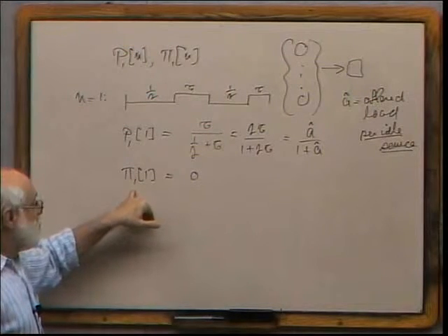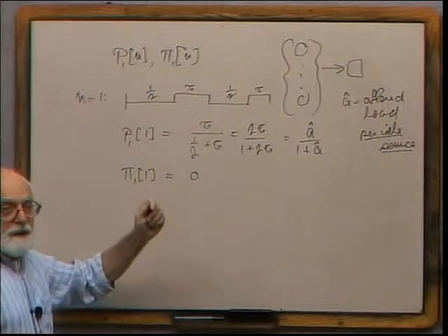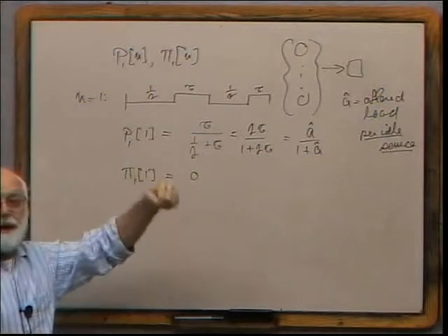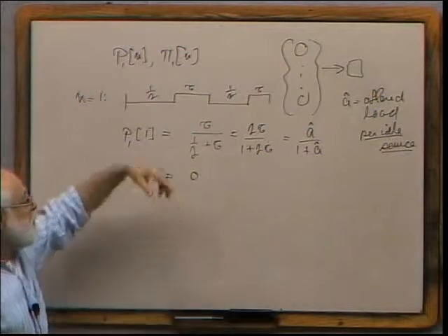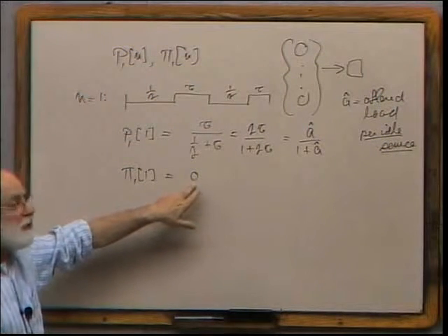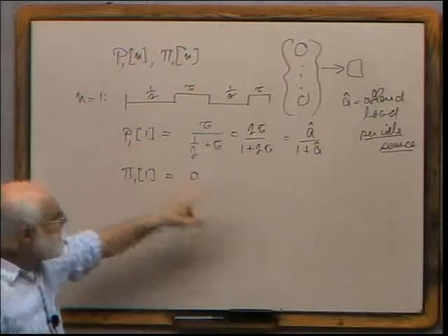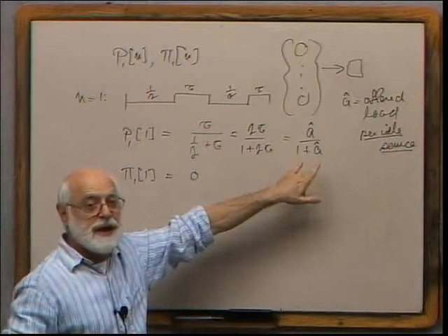But since there's only one source, that source can never find the server busy. And so therefore, the fraction of requests that are blocked is 0, but the fraction of time the server is in the blocking state is A hat over 1 plus A hat, which of course can be anything depending on the value of A hat.